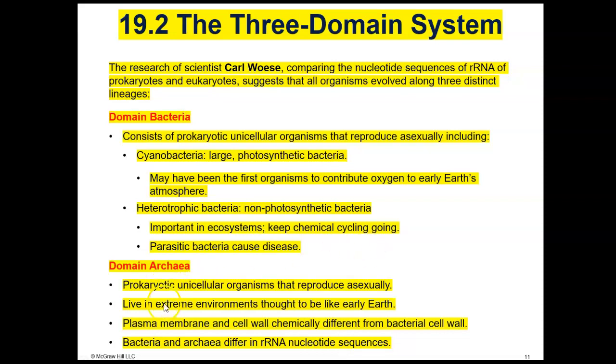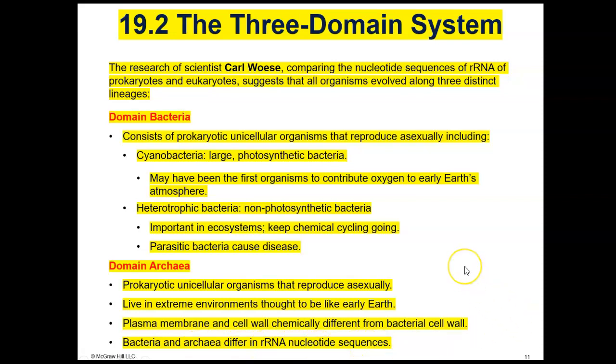Okay, in the domain archaea, the plasma membrane and cell wall are chemically different from the bacterial cell wall. That's a big reason they're so different that they just cannot be classified into the same group with the bacteria. Another thing that's different about the bacteria and the archaea is their ribosomal RNA nucleotide sequences.